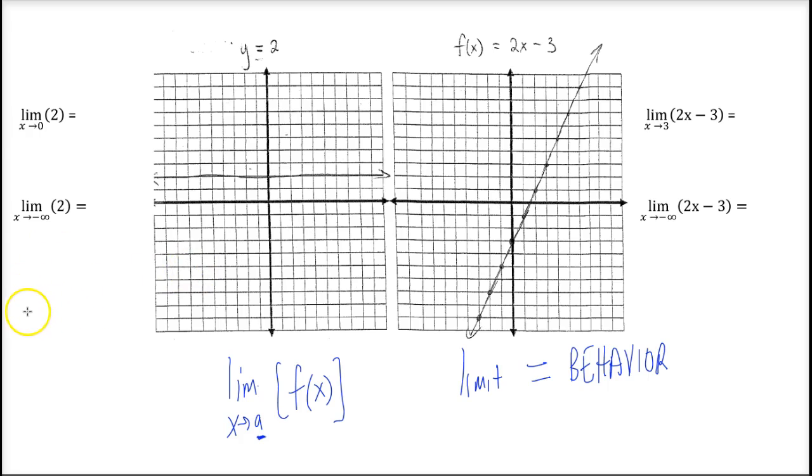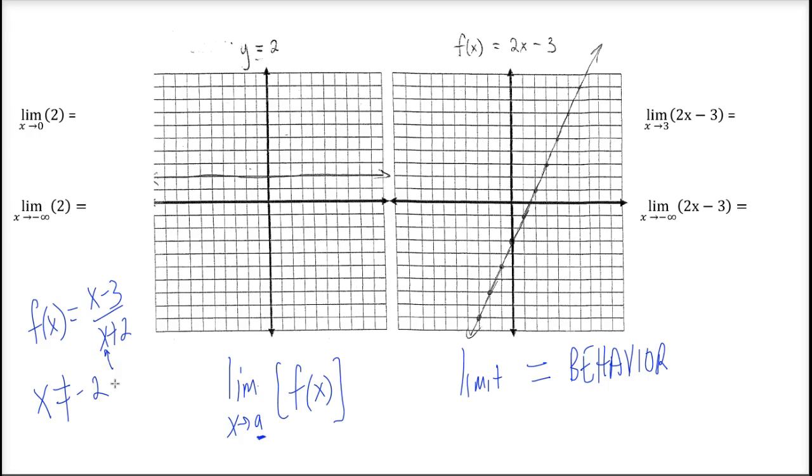So for instance, let's say I have this function here, x minus 3 divided by x plus 2. If I want to study the behavior of this particular function, meaning what does this graph look like as its x value is trying to approach negative 2, well, we know from finding the domain of functions that this function is not defined at x equals negative 2, because if I plug in negative 2 in the denominator, that will make the denominator 0.